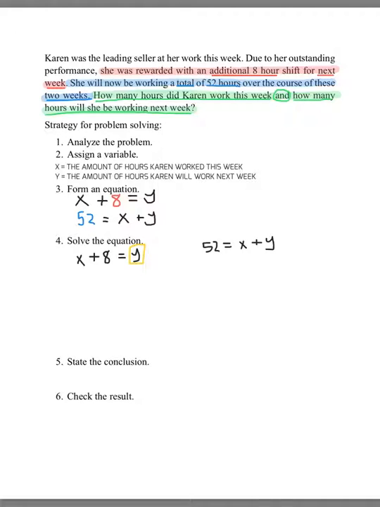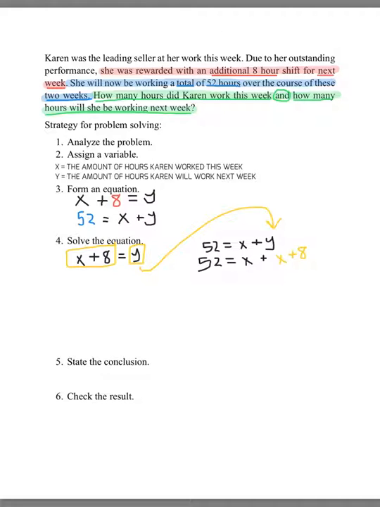So we're going to use this equation and substitute it into the second equation. Wherever we see a y, we're going to substitute x plus 8 in its place. So here we go. We're going to have 52 is equal to x plus y, which is equal to x plus 8.